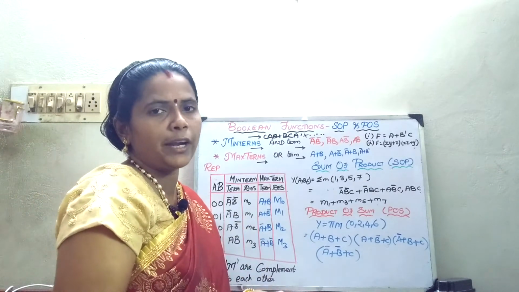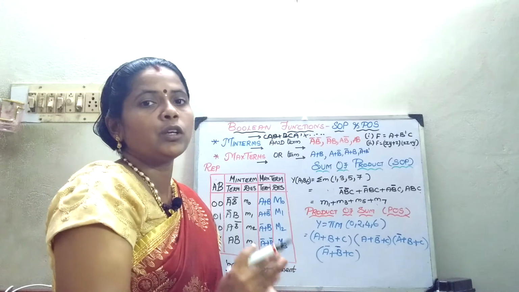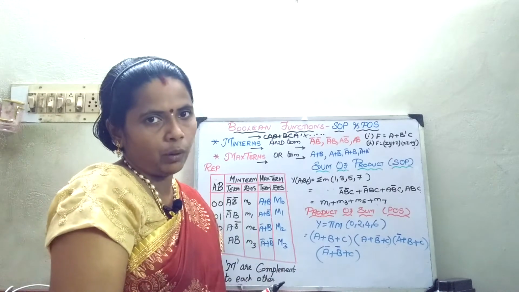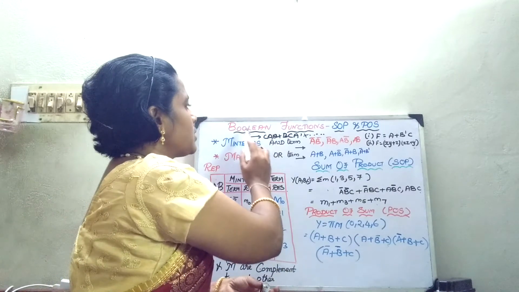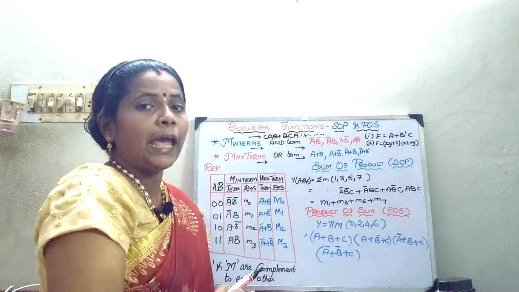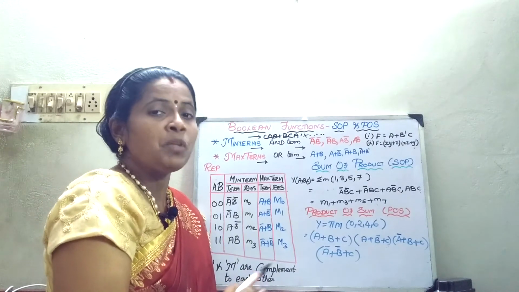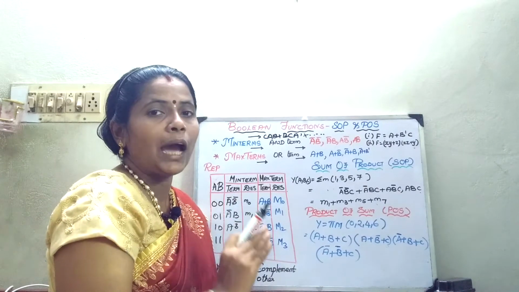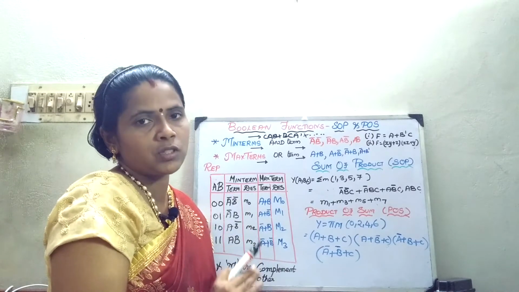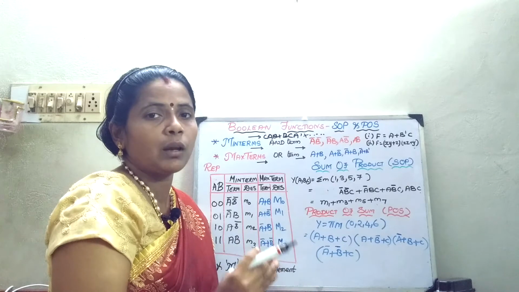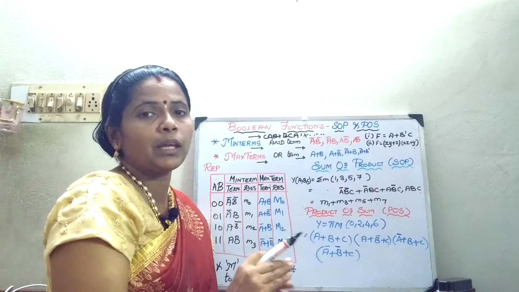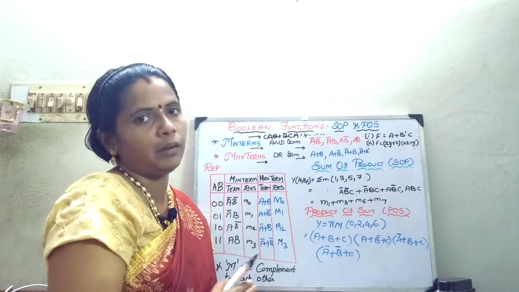Suppose you want to do addition or subtraction or whatever your application is, accordingly the number of gates is required. That is why Boolean functions have been created, to express in terms of SOP and POS form. You have to reduce the number of literals as much as possible, so that the cost involved in making your application will be reduced.